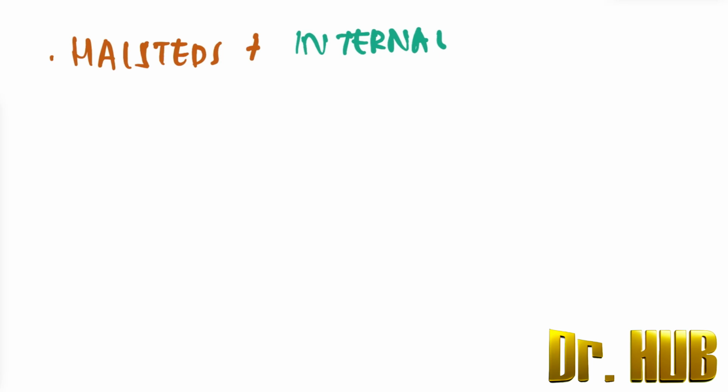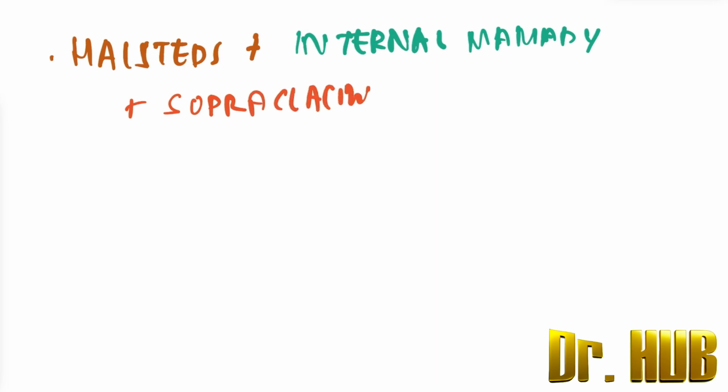It involves the Halsted's along with the internal mammary nodes. Also the supraclavicular lymph nodes. So Dahl-Iversen includes the supraclavicular lymph node dissection as well, along with internal mammary plus the supraclavicular lymph node dissection.